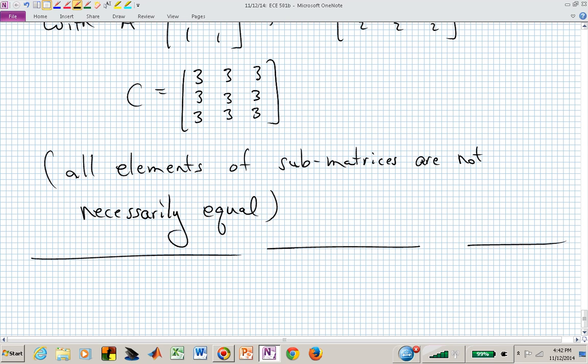So now what we want to do is try to see what we can achieve or accomplish if we allow our thinking to be not always just a diagonal matrix, purely diagonal, but a block diagonal. That will allow us to now start representing operators by block diagonal matrices, not just restricting ourselves to diagonal matrices.